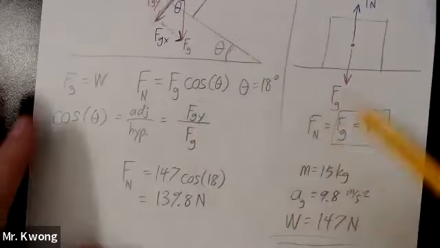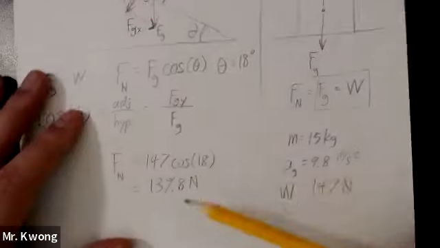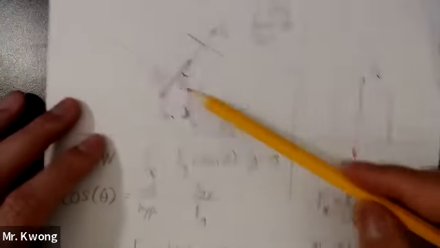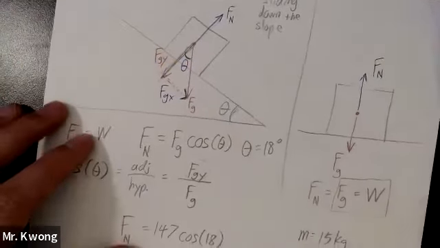So tilting the mass, the weight stayed the same, but the normal force exerted by this surface was a little less.